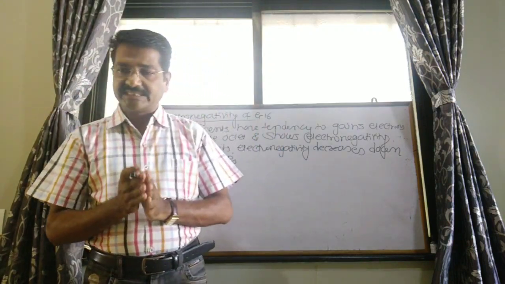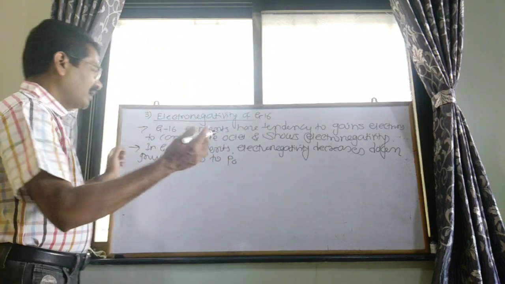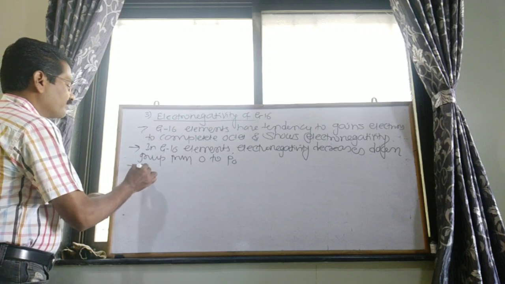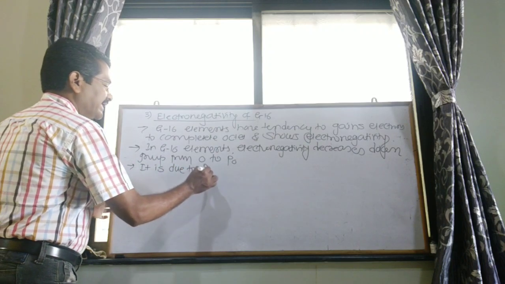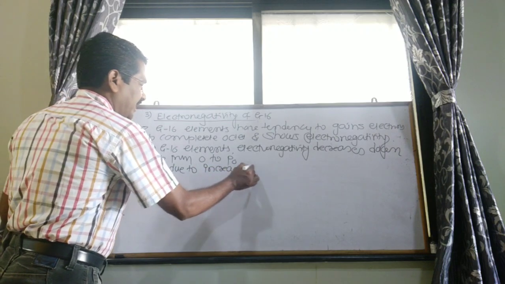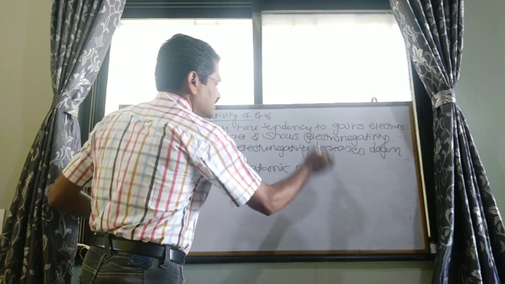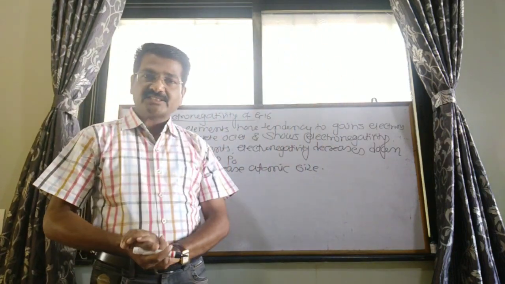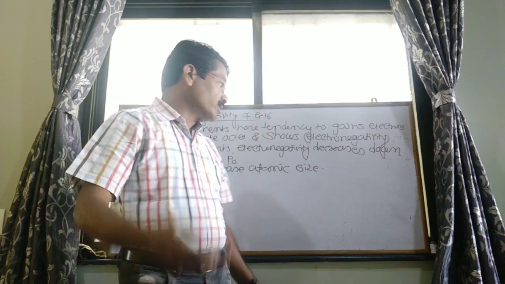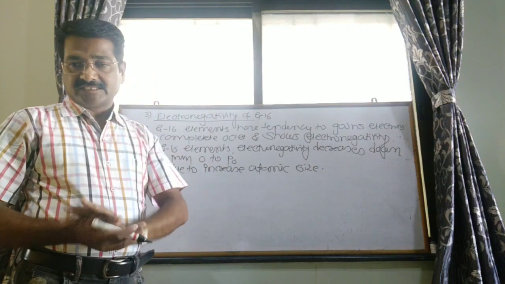The electronegativity of G16 elements decreases down the group. It is due to increase in atomic size. We know from oxygen to polonium atomic size increases. By increasing atomic size, electronegativity decreases.